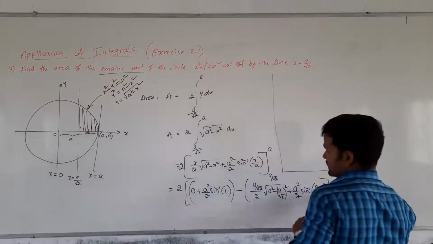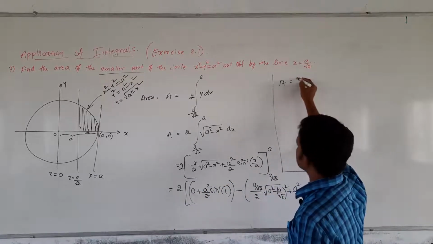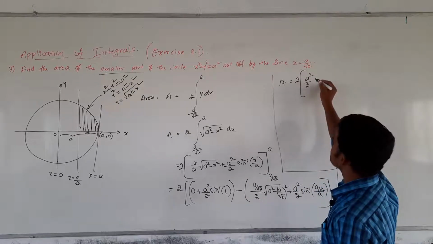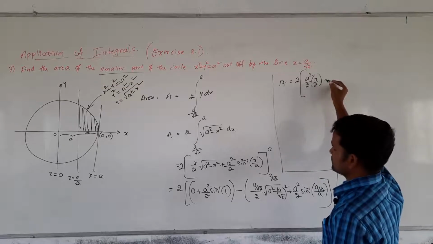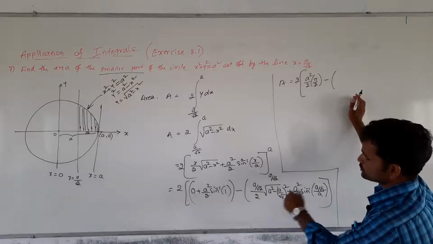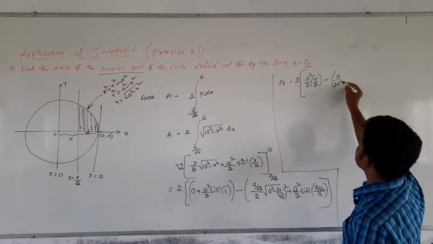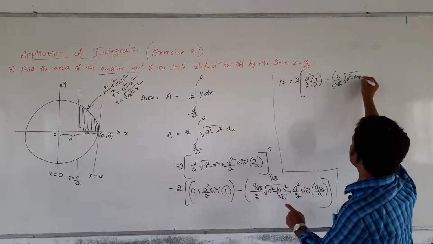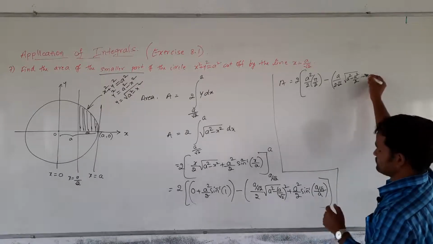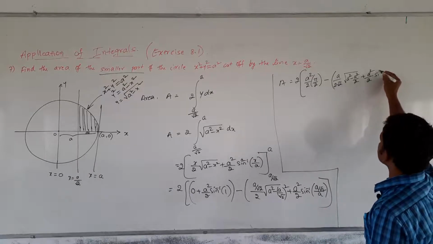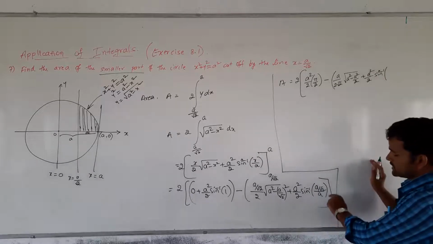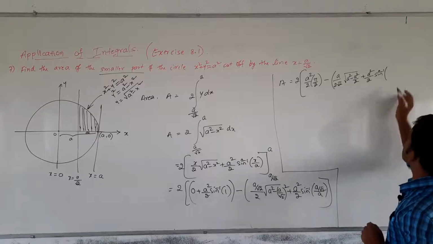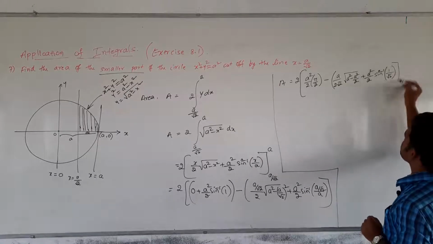Now the area is equal to 2 times a square by 2 into sin inverse of 1, which is pi by 2, minus a by root 2 by 2, which is nothing but a by 2 root 2, into square root of a square minus a square by 2, plus a square by 2 into sin inverse of 1 by a for a by root 2. The a cancels out, and we are left with 1 by root 2 there.